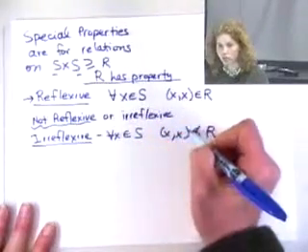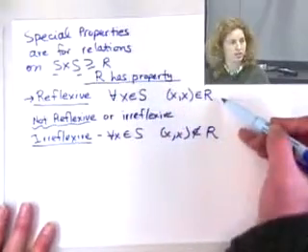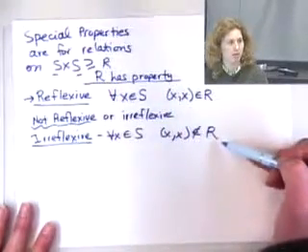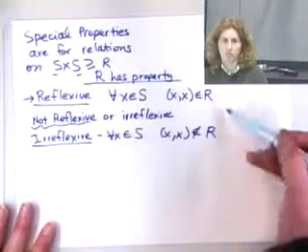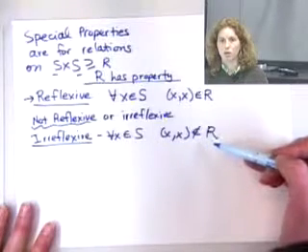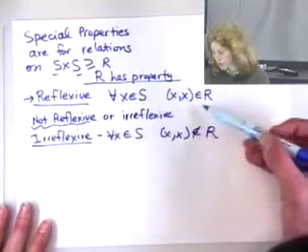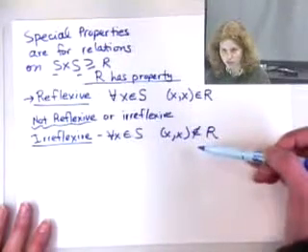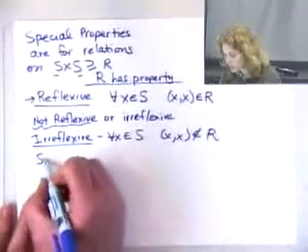So these are not the only 2 choices, because these are not opposites, right? If I negate this for all statement, I don't get this for all statement, right? I get a there exists statement. So these are not exact opposites. That's what I wanted to point out. If they were exact opposites, then you'd always be either reflexive or irreflexive, but that's not the case. Okay, so let's go on to some other definitions.